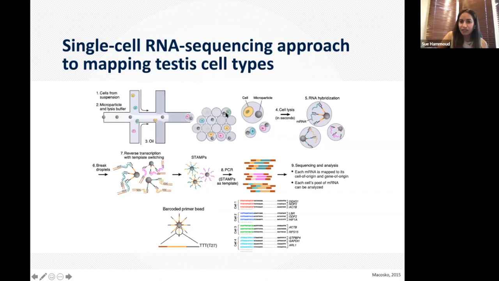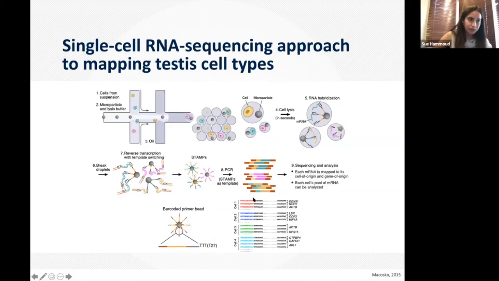When the cells are in a droplet, they lyse, the RNA attaches through these oligo-dT nucleotides, and then reverse transcription occurs on the bead. Then you sequence the cDNA, and by using the cell barcode information, you can begin to deconvolve the transcriptome of each individual cell.